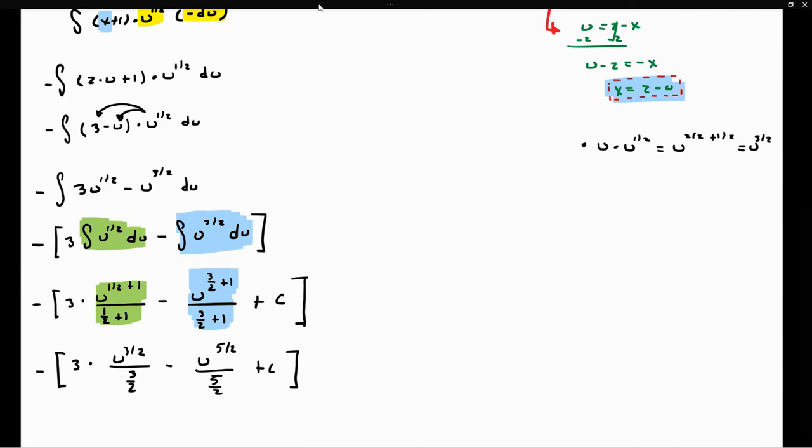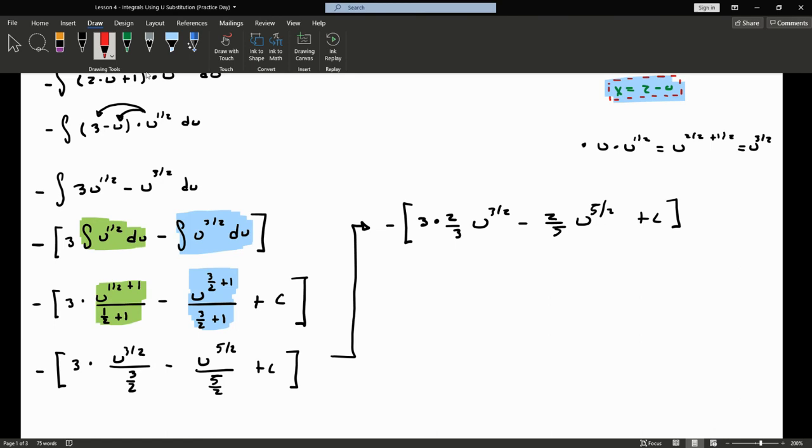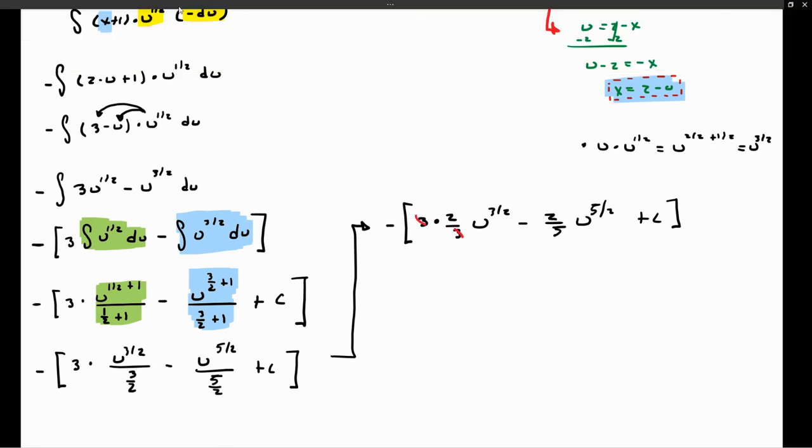So let's complete our problem right here on the right-hand side. Let's continue it up here. We got negative. And now we got 3 times the reciprocal of the denominator, u^(3/2), minus the reciprocal of the denominator, u^(5/2) plus c. And let's just polish this a little bit. Notice that now here the 3's are going to cancel out.